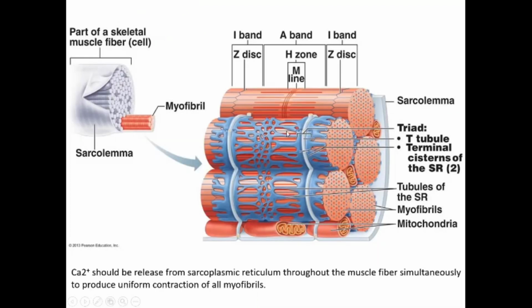You see in this picture the sarcoplasmic reticulum surrounds all muscle myofibrils, and all parts attached together actually make one organelle within the muscle cells. But this organelle has one problem: the membrane of this organelle cannot produce action potential.